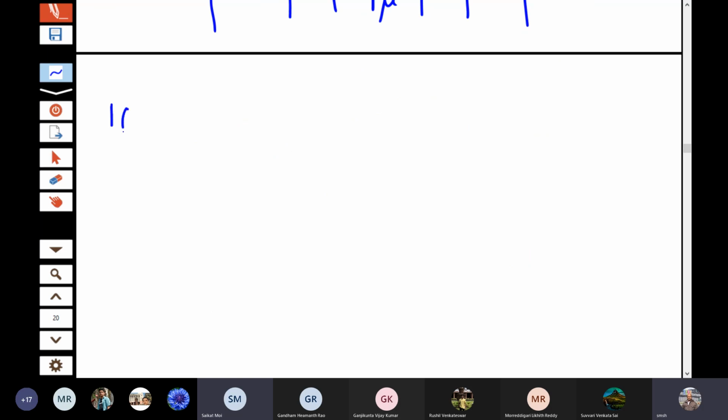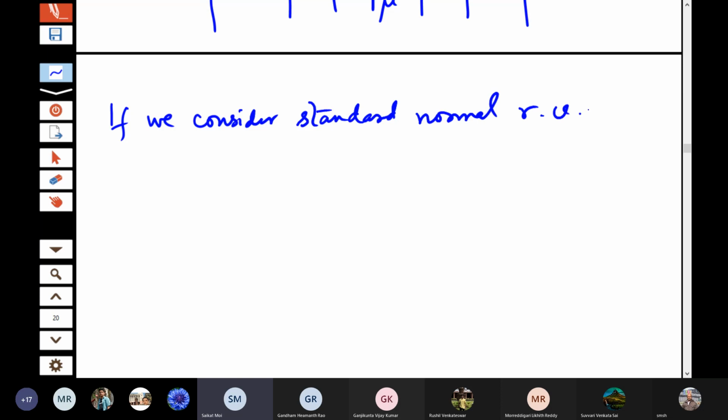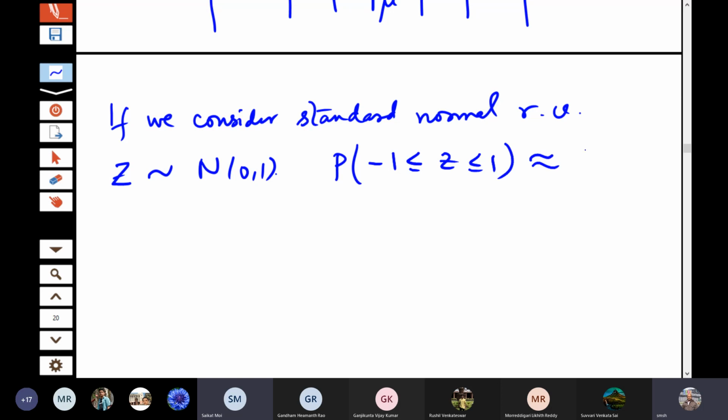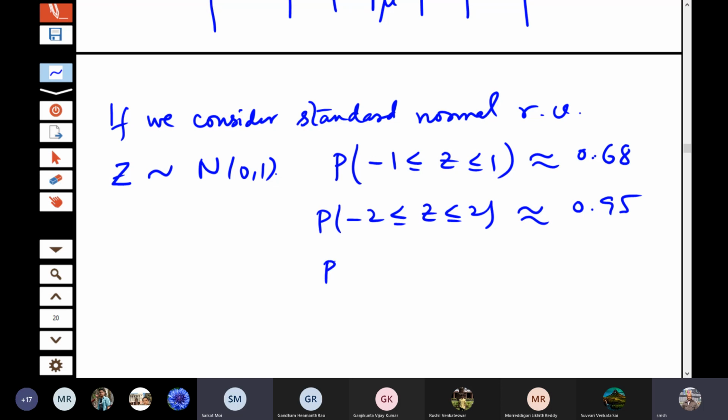See, if I consider a standard normal distribution, then we have seen that probability of -1 less than or equal to z less than or equal to 1 is approximately 0.68. -2 to 2 is approximately 0.95, and -3 to 3 is 0.9987.